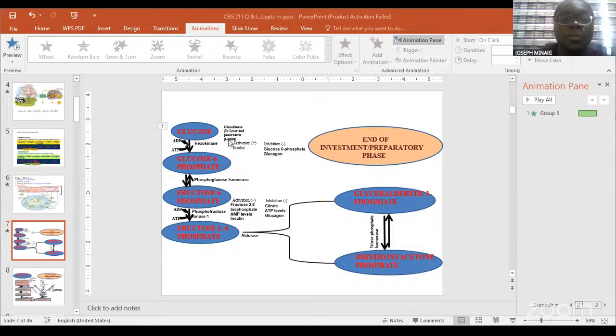In liver and pancreatic beta cells, we have glucokinase, and insulin acts as an activator in regulating this particular pathway.